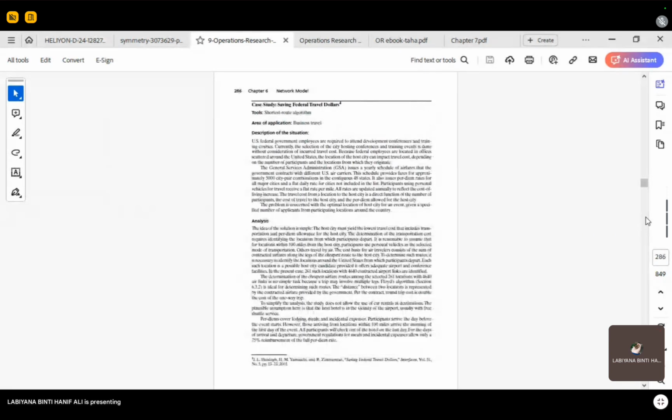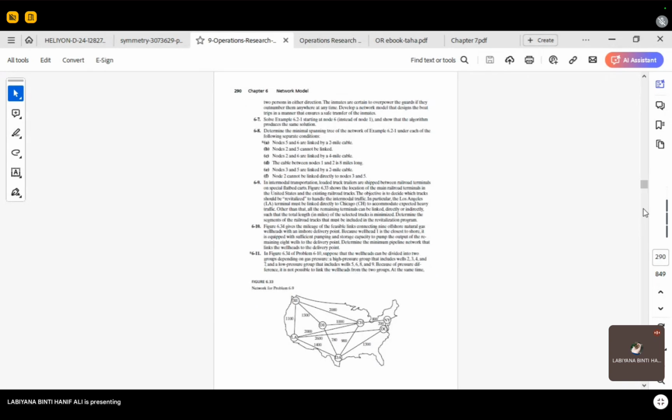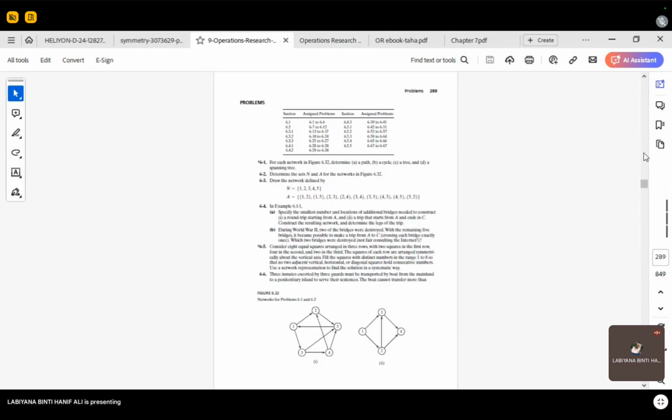They have problems here, which is the exercise stuff for this book. You can find the minimum spanning tree problem and shortest route algorithm, and you can read yourself. But if you have any problem for these exercises in Taha book, you can ask me at any time.